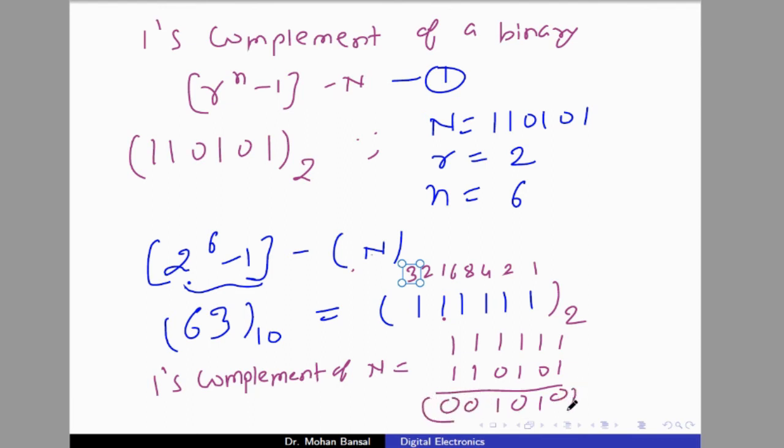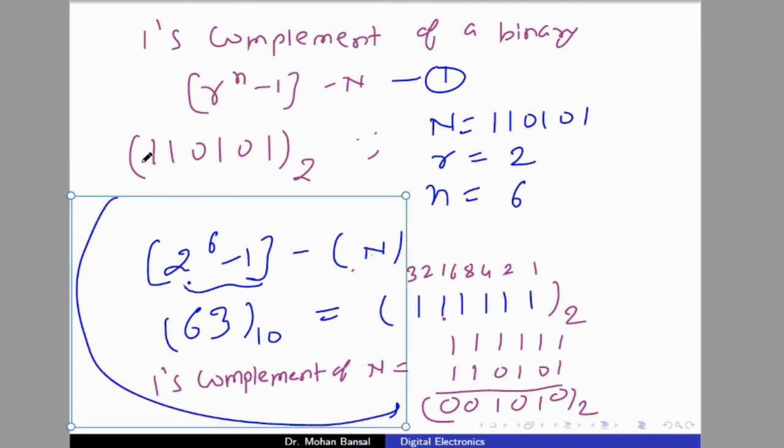This is the ones complement of the given number. If we find the relation between both numbers, you can say that the complemented number is nothing but replacing the bits from 1 to 0 and 0 to 1 in the number.